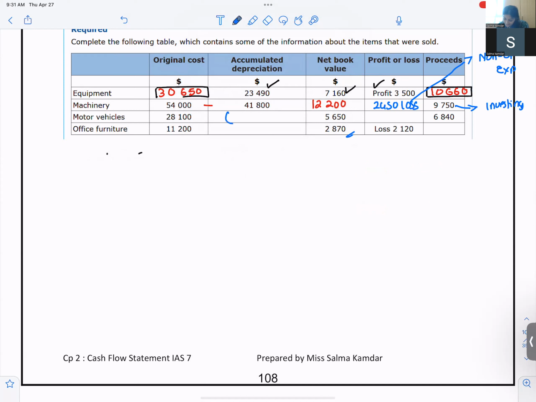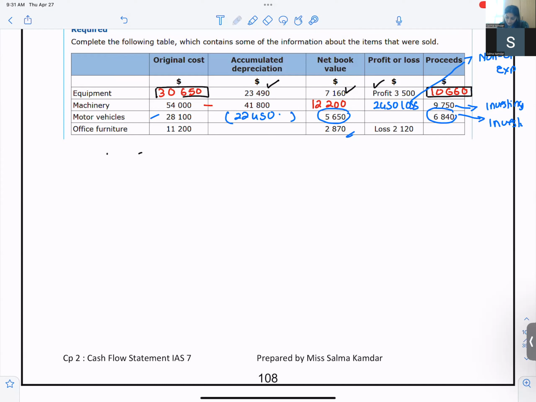Let's see about motor vehicles. What is the accumulated depreciation? I will do 28,100 minus 5,650. My accumulated depreciation is 22,450. This is compared with the selling price. Selling price of the asset is investing activity. I have made a profit on sale of asset: 6840 minus 5650.